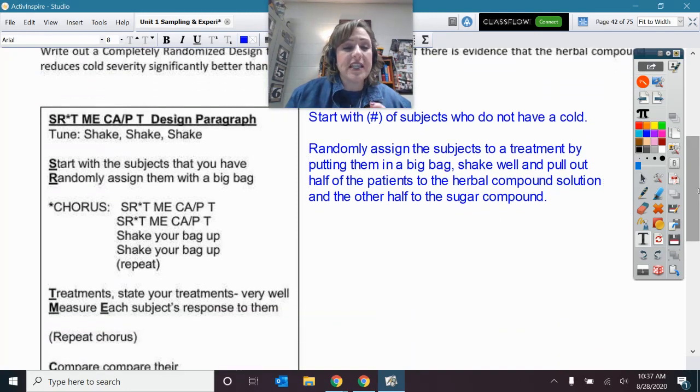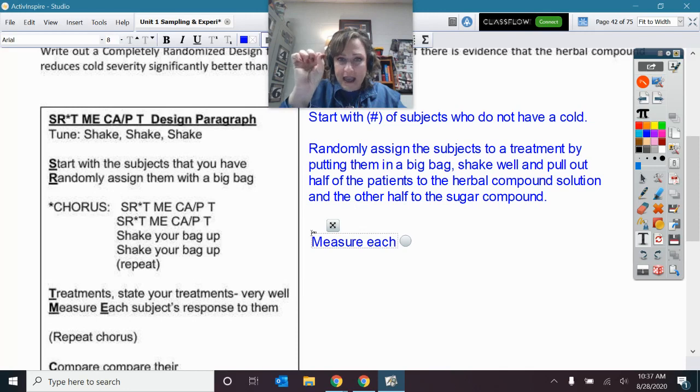Now, measure each subject's response to them. Okay, so I'm going to measure each. Just want to start with those words because you are indicating the result from every individual patient. Measure each patient's cold severity.